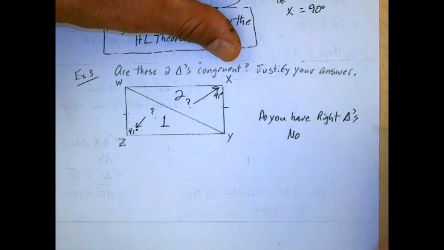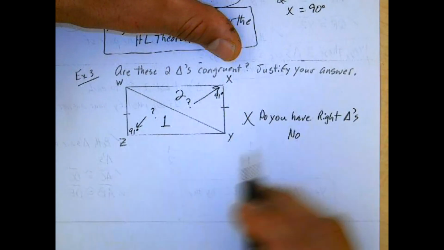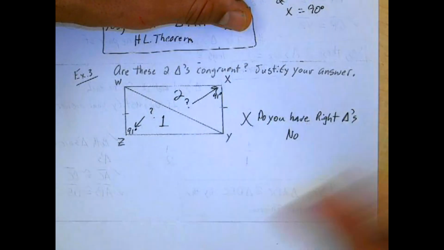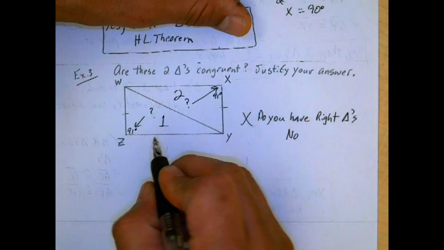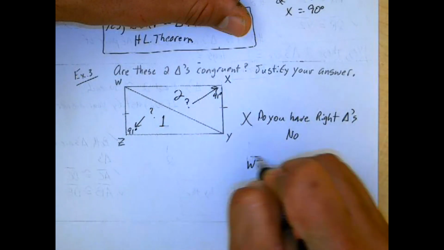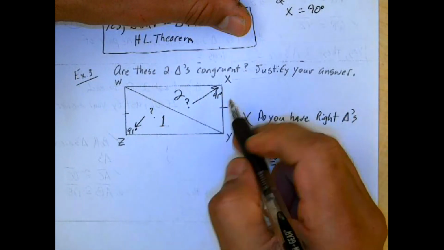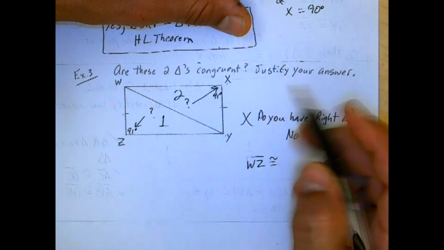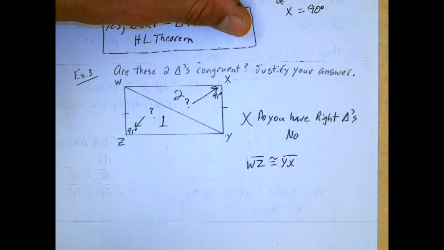The answer is no. So you cannot use HL theorem. But let's see if we can use another theorem. Okay? So we have WZ is congruent to YX. Okay, so that's a side.